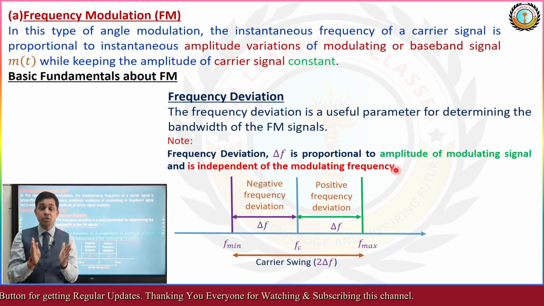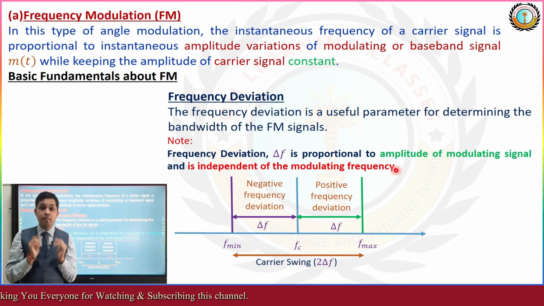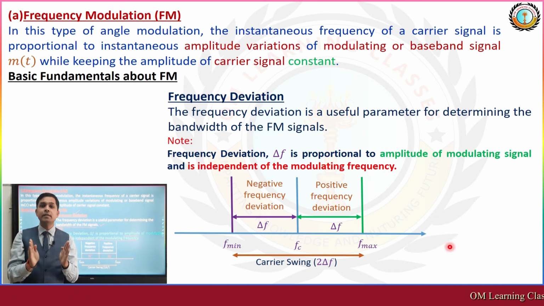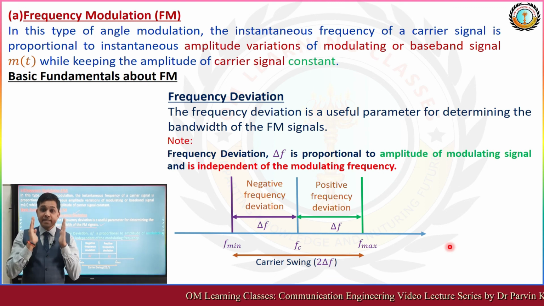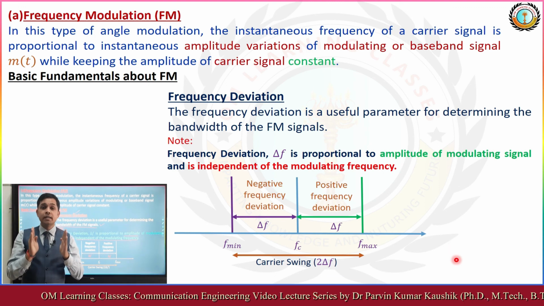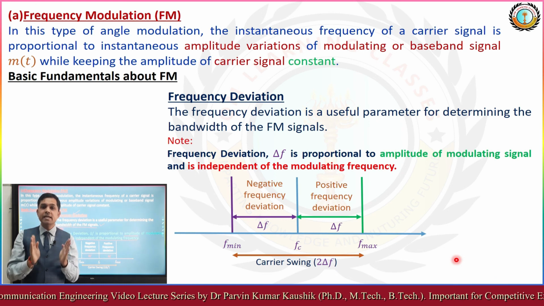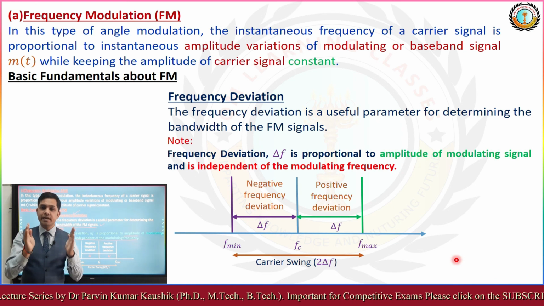With this consideration, we complete the explanation about frequency deviation, which is the basic fundamental parameter of FM signal. Now, in the next lecture, we have another parameter, that is frequency modulation index.